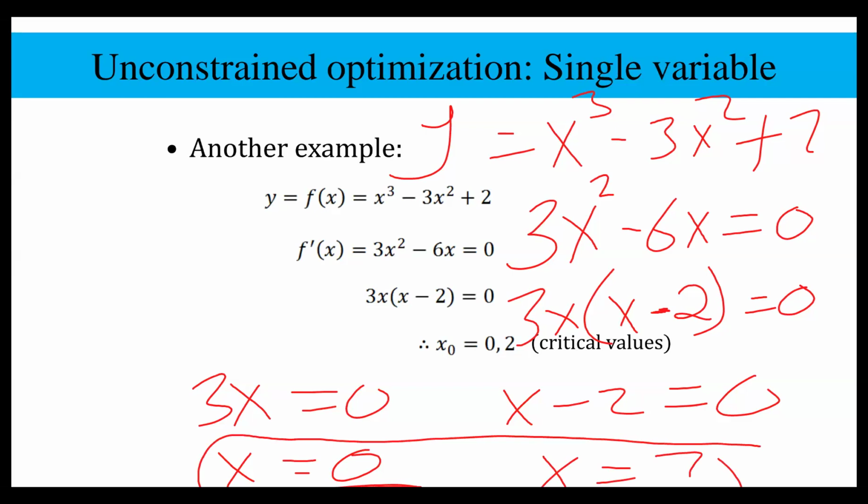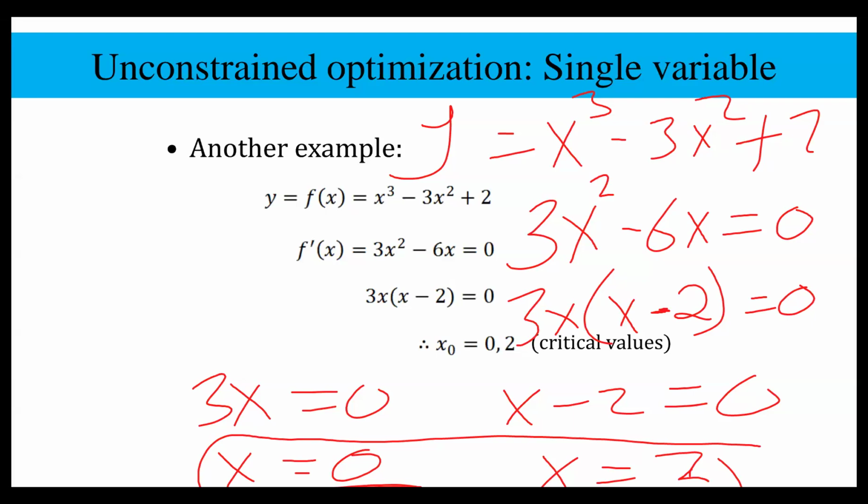And how do we tell whether at 2 it is a maximum or a minimum? What do we do from here? Once we find the values for x, then we differentiate a second time.